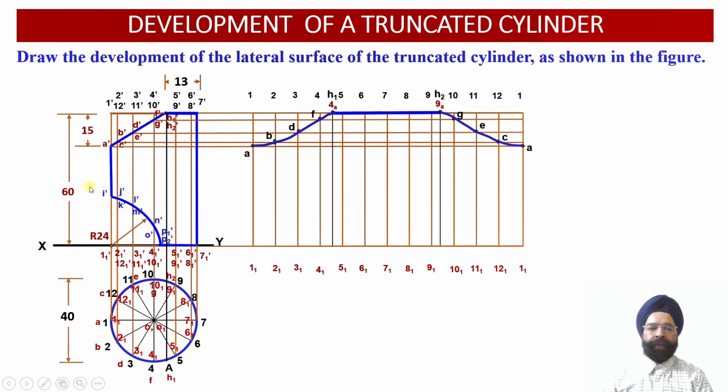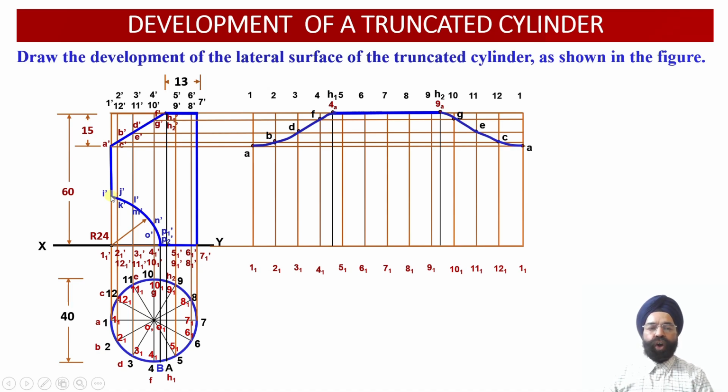Now let us obtain the development corresponding to the 9 points which are appearing in the front view projections by virtue of intersection of this right cylinder with the circular cutting plane over here. So now we know that the circular cutting plane is going to have the radius 24, whereas the radius of the cylinder is 20. So this arc is going to extend by 4 millimeter ahead of the center of the cylinder.